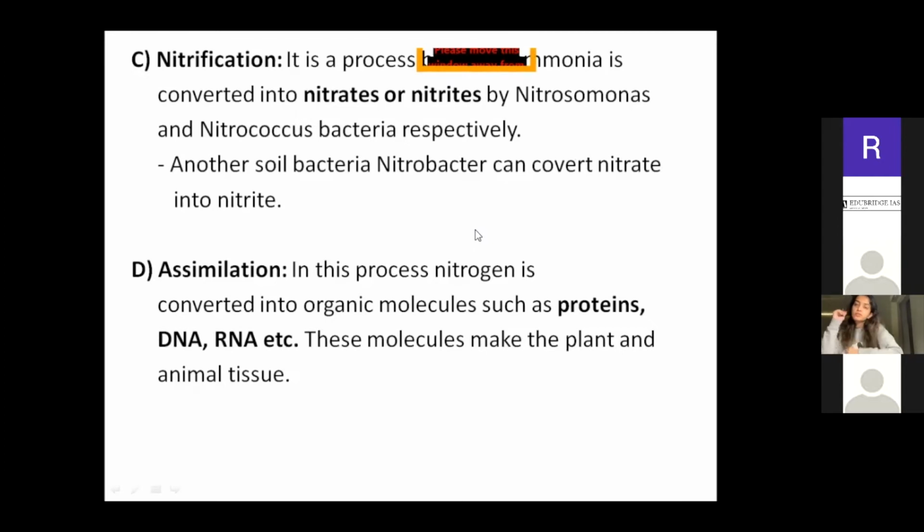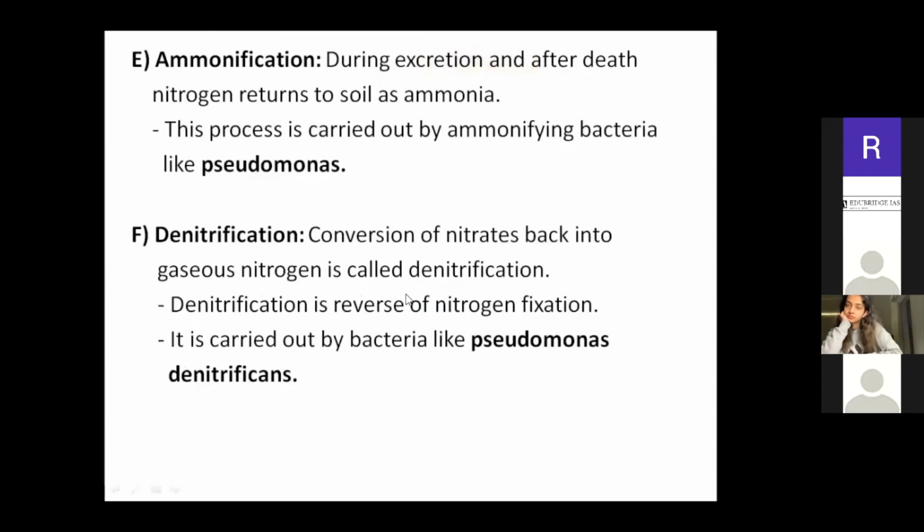But as it is made available and as it is used by plant species, it should be given back into the atmosphere, right? And that's why there are processes like ammonification. So what happens in ammonification?